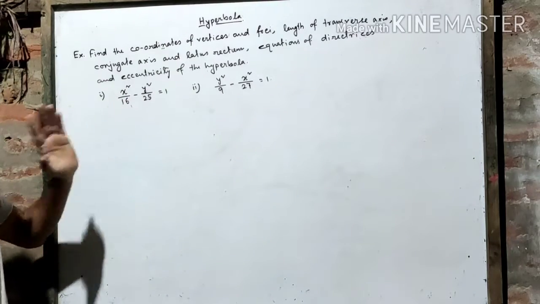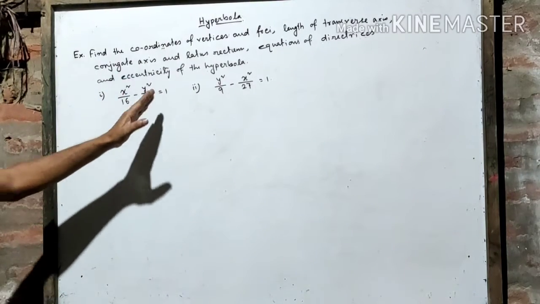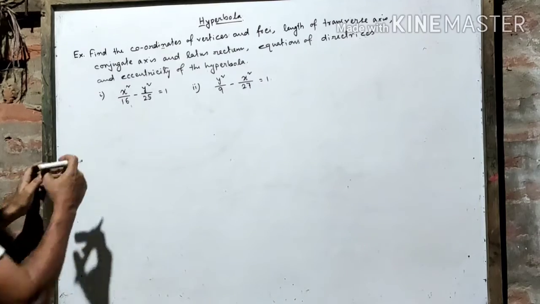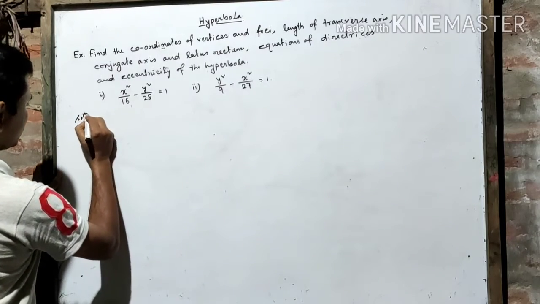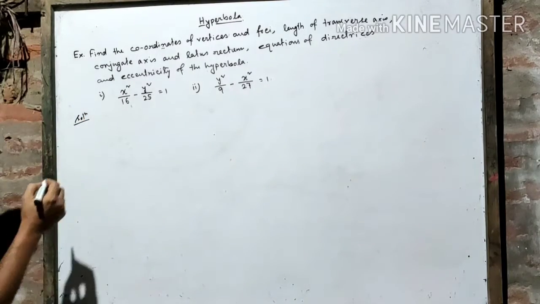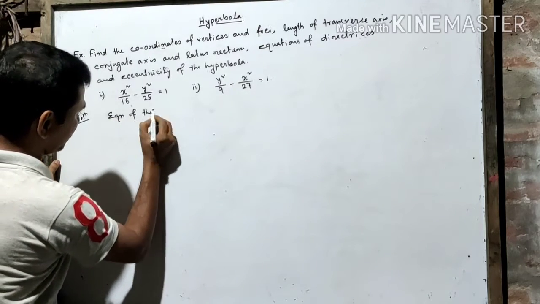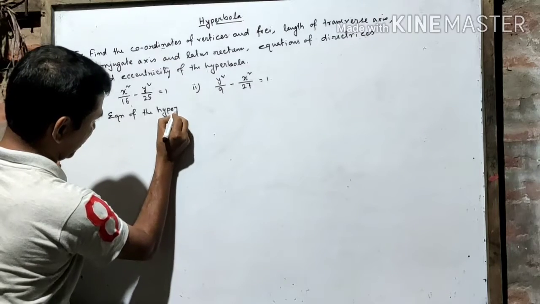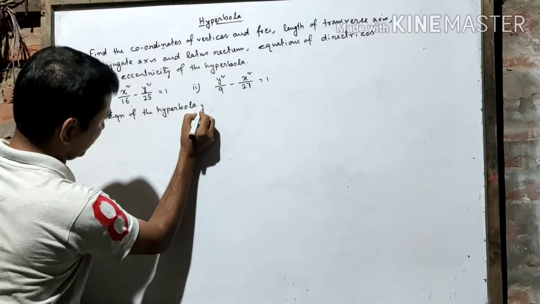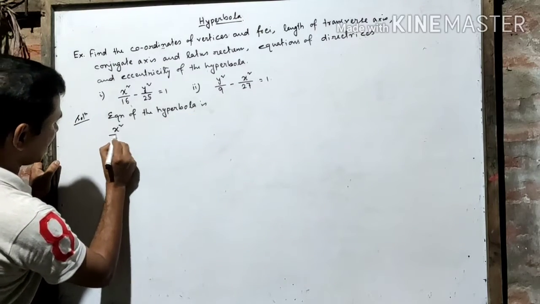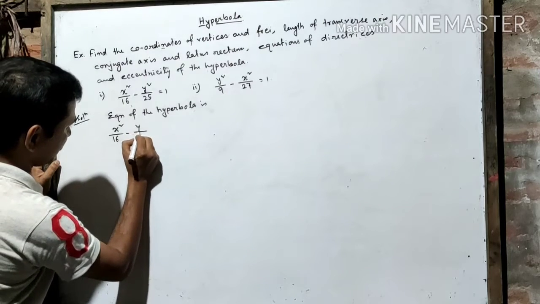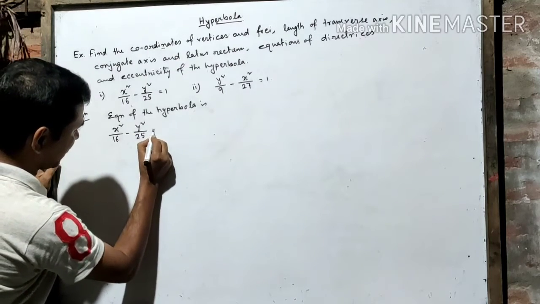These two. First one is x square by 16 minus y square by 25 is equal to 1. Okay. So equation of the hyperbola is x square by 16 minus y square by 25 is equal to 1.